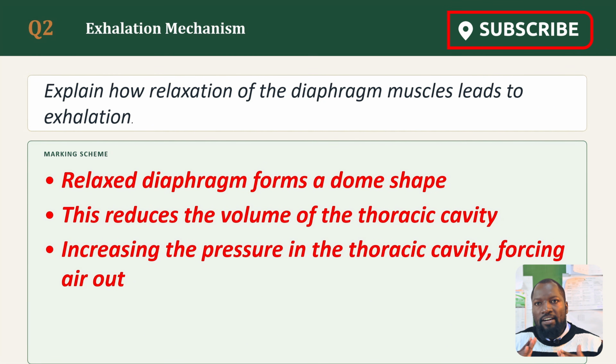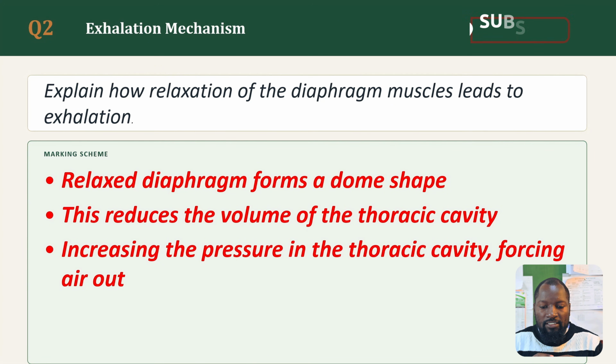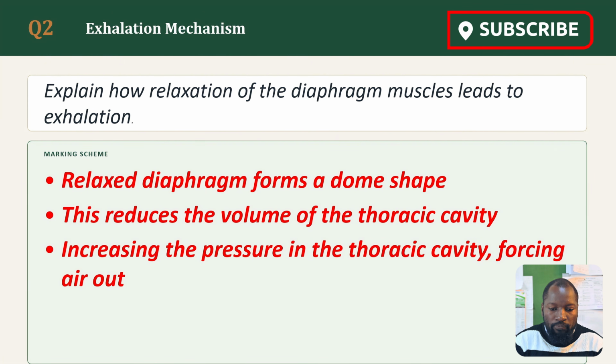When the diaphragm muscles relax, the diaphragm forms what we call a dome shape, and this dome shape will end up reducing the volume of the thoracic cavity.